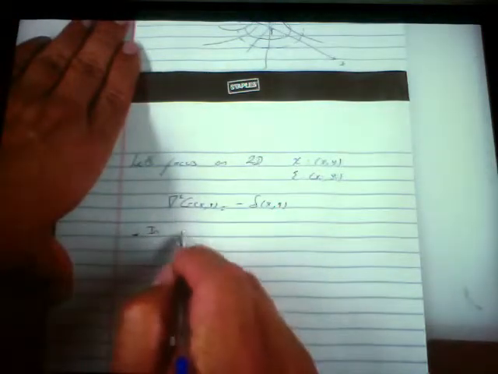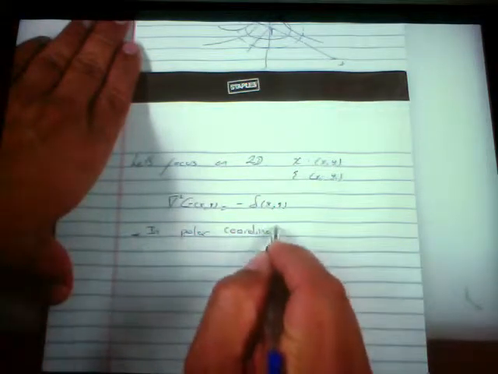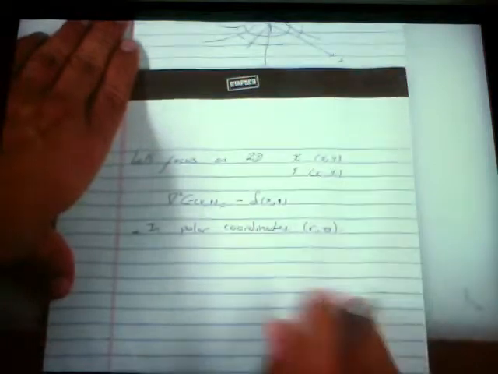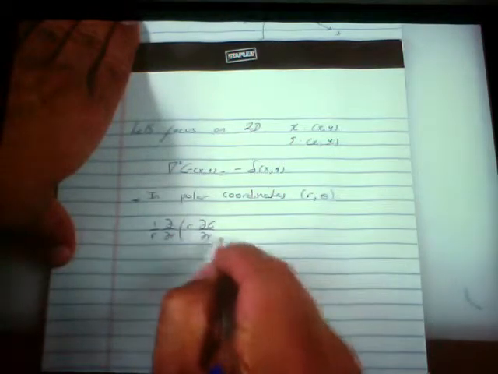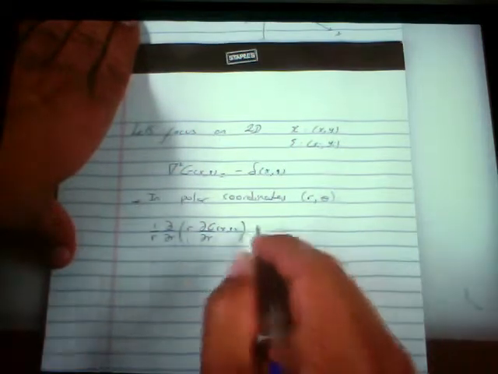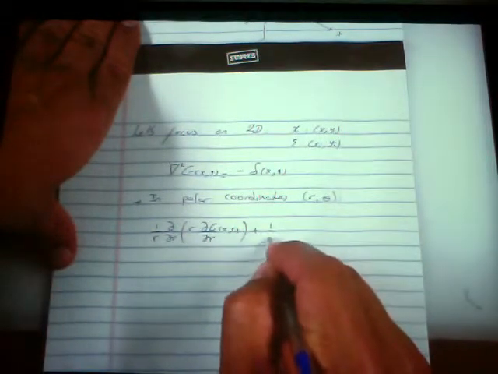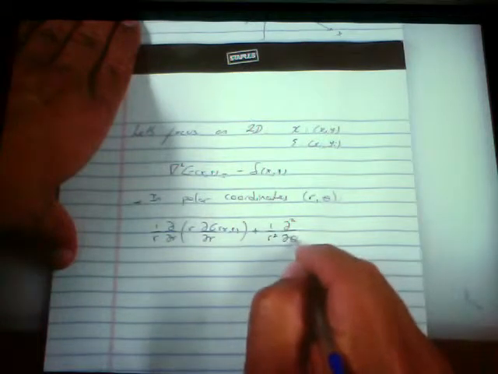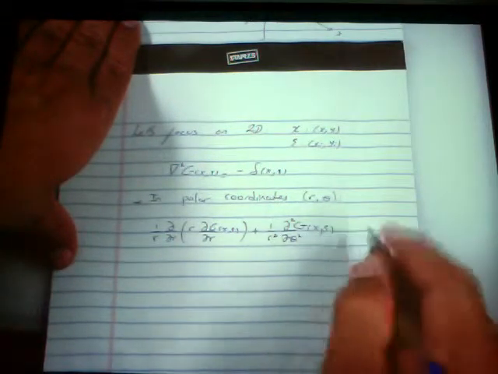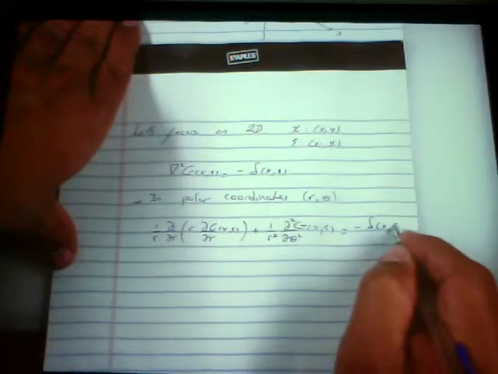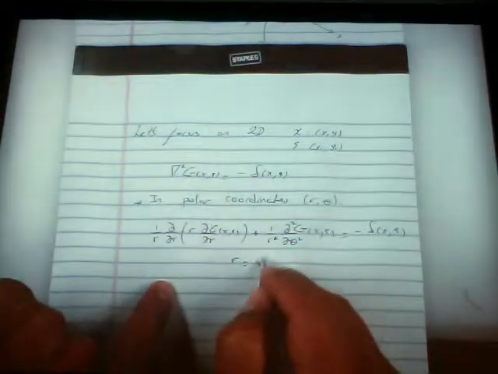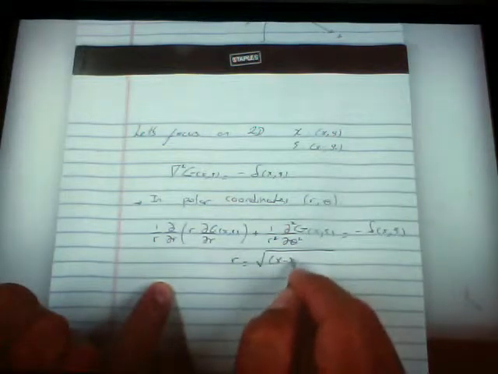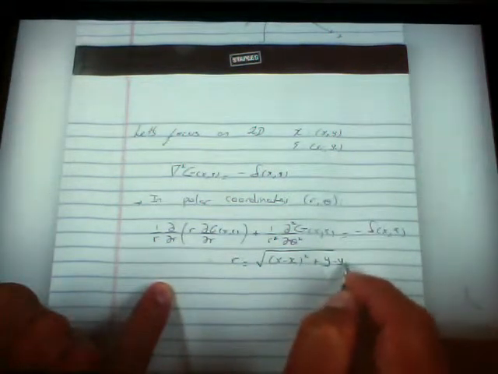The Laplace in polar coordinates r, theta will simply be 1 over r d/dr of r dG/dr, plus 1 over r squared, the second derivative of G with respect to theta, is equal to minus the Dirac delta function, such that r is equal to the square root of (x minus xi) squared plus (y minus yi) squared.